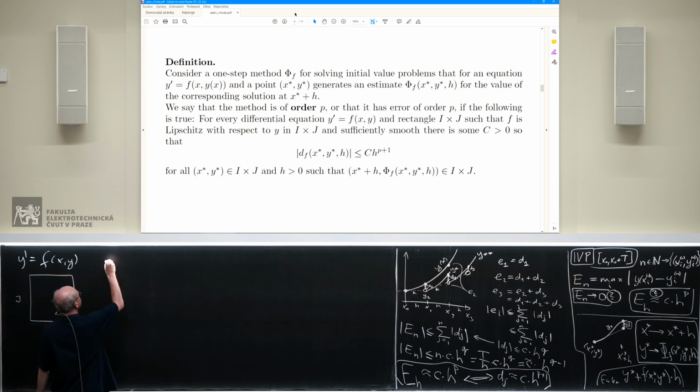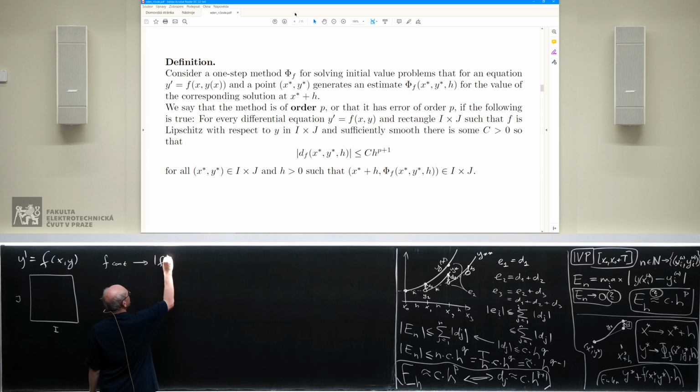So, if the right-hand side is continuous, then because this rectangle is bounded, and we can take it as closed for our purposes, well, let's skip some details, f must be bounded. There must be some constant which is bounding the absolute value of the right-hand side on this rectangle I cross J. What does it mean?